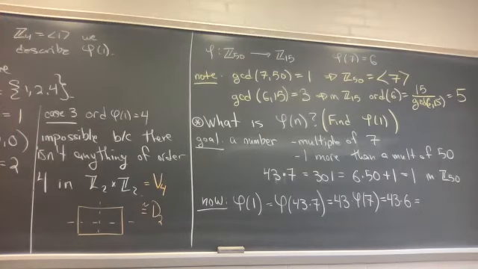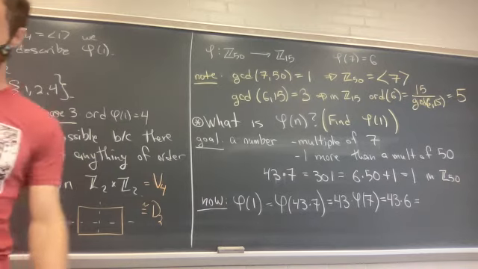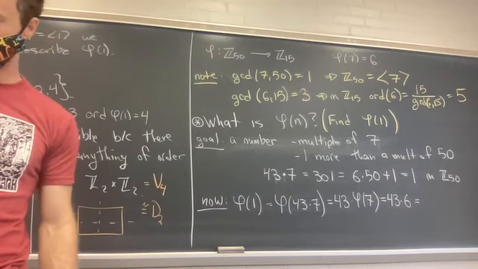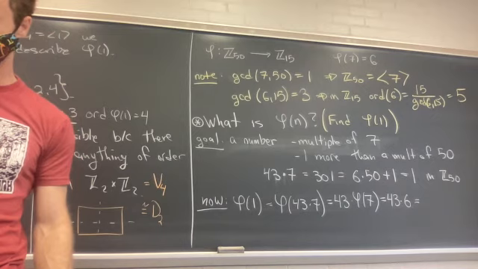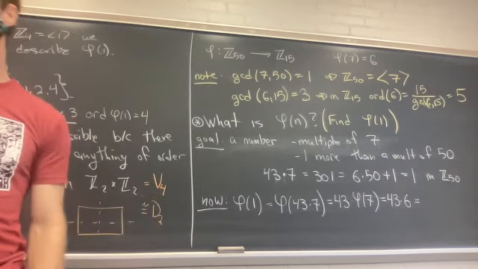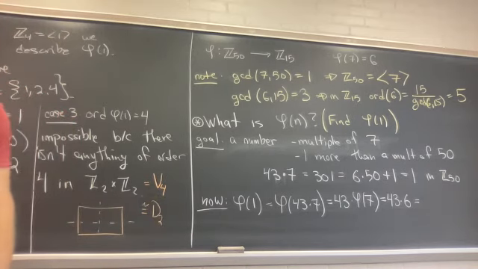43 times 6 is 258. Yeah, but in Z15. So 43 times 6 divided by 15 is 17.2. But then we've got to find the remainder. So how do you find the remainder? Like an old school long division.